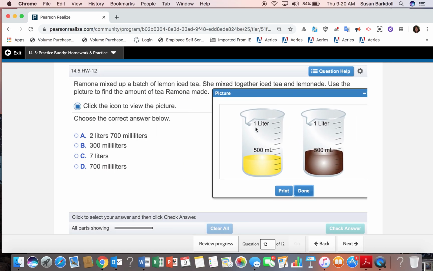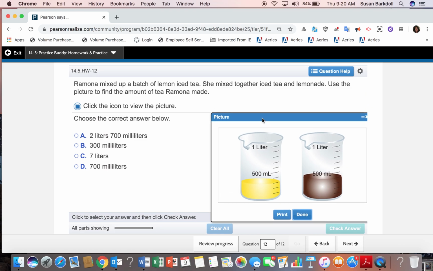Okay. Well, 2 liters is not a good choice because that would involve 1 liter and 2 liters and another liter. So A is not a good choice. She has 1, 2, 3 liters, 300 milliliters of lemonade.